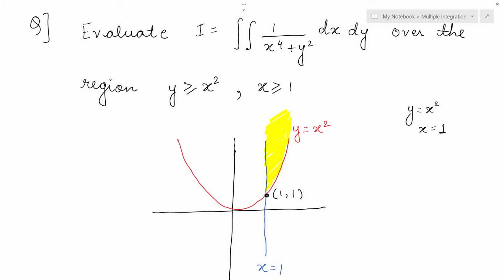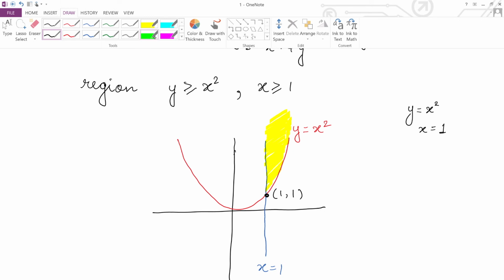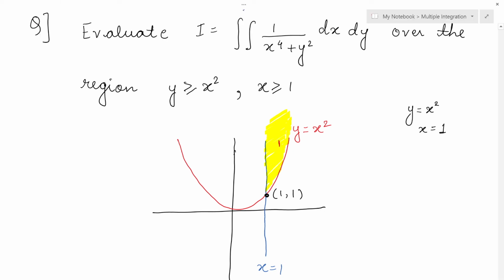So if I take a strip parallel to the x-axis in this case, the integration will be more complicated. Instead, if I take a strip parallel to the y-axis, the integration becomes simple. So by our logic we come to know that the other integration will be difficult. So I am taking a strip parallel to the y-axis.